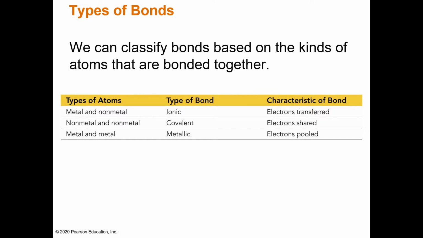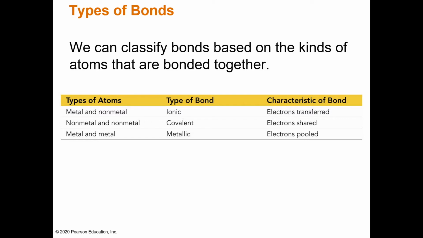If you take a look at your periodic table, and you could tell where the metals are, where the nonmetals are, then you'll know what type of bond exists between two different atoms. So with an ionic bond, electrons are being transferred, and the types of atoms involved are metals and nonmetals.